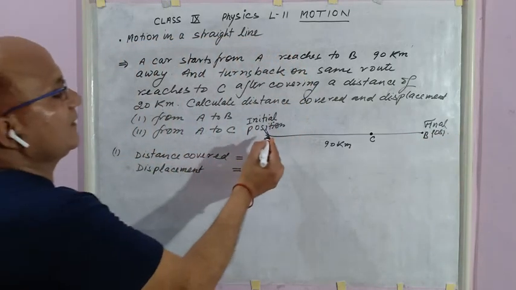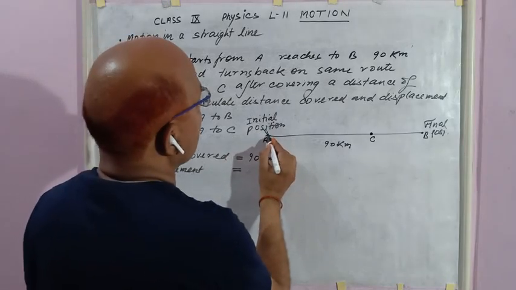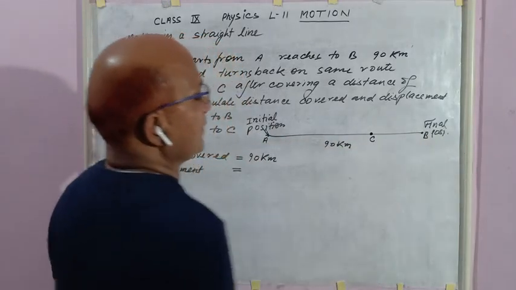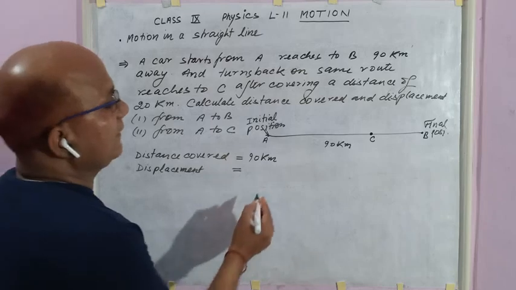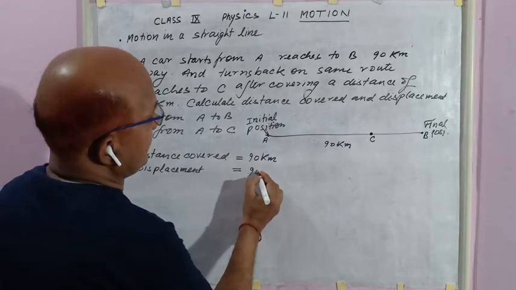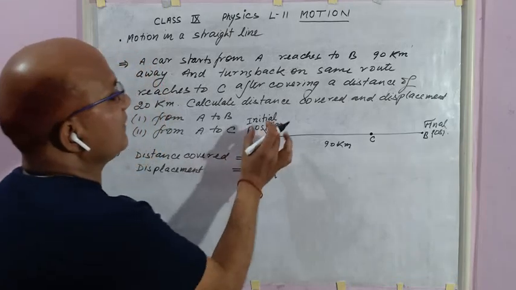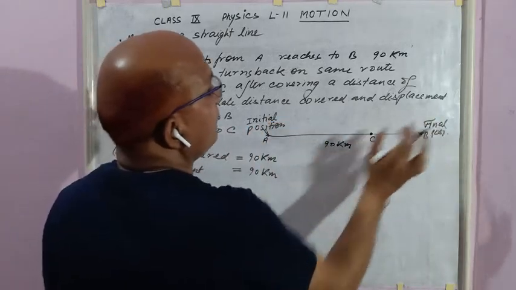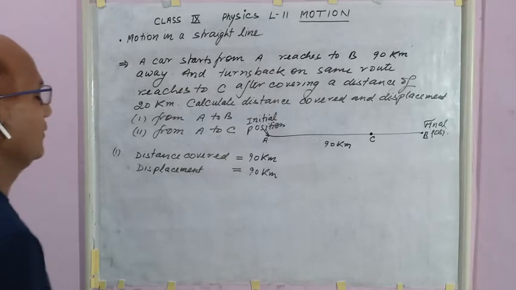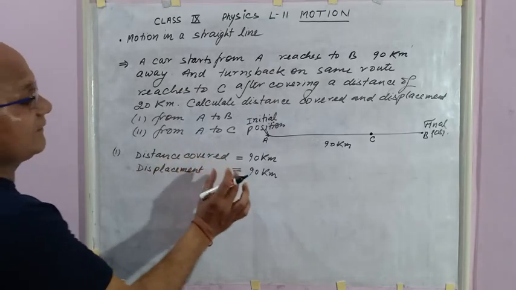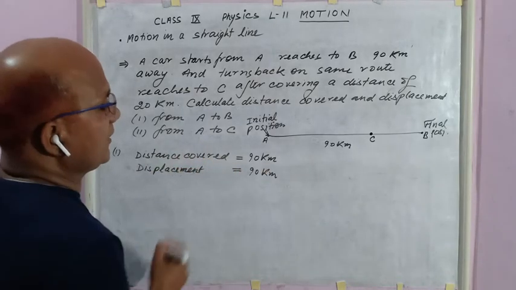So what is the distance between initial position and final position? We can see that it is 90 kilometer. So displacement in this case will be 90 kilometer.